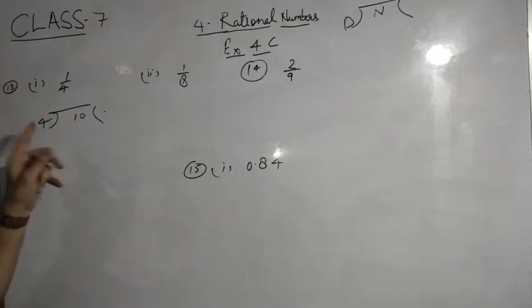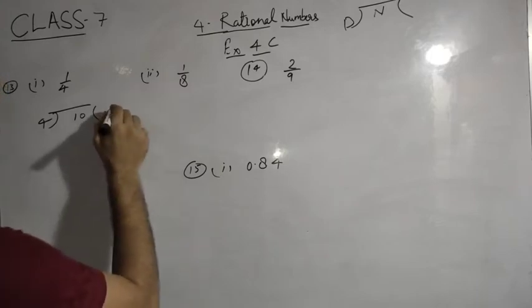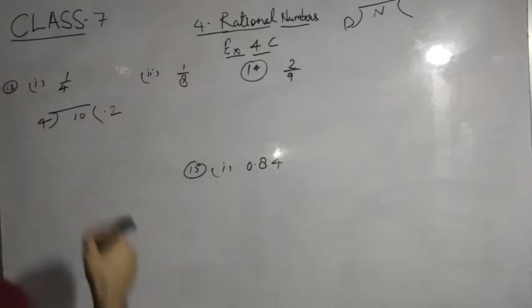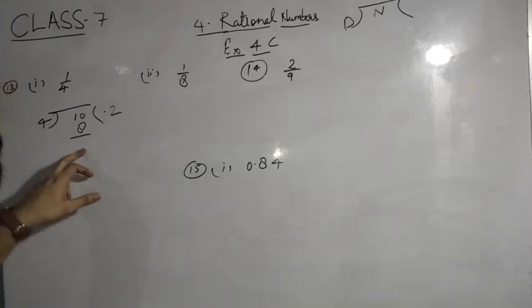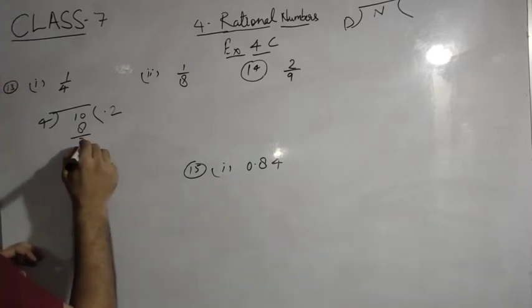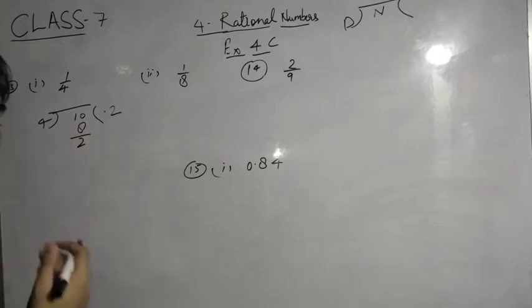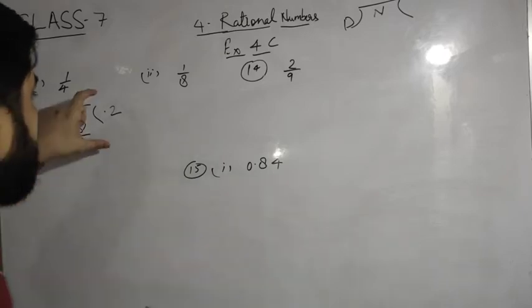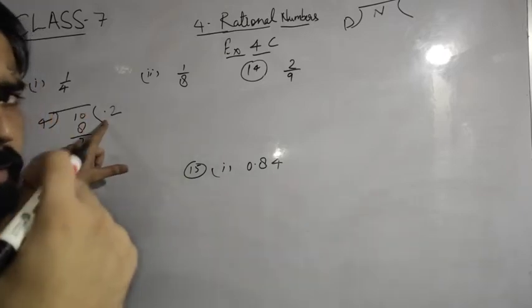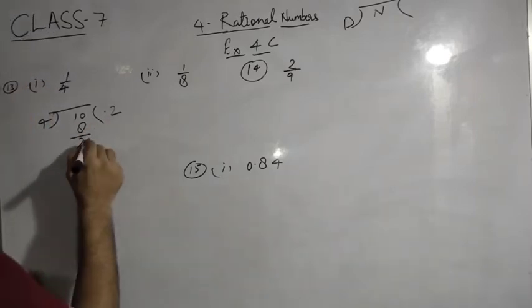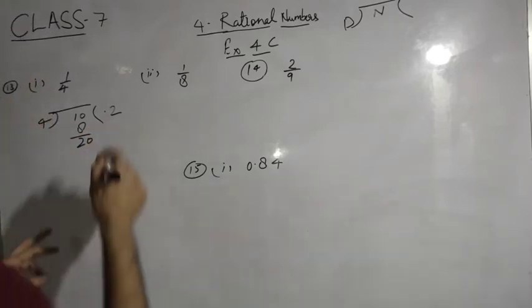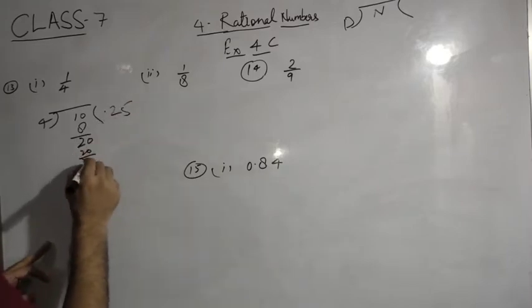Now we have 10, and we can divide: 4 2s are 8. Then 2 remains, and the decimal property: always give a 0 in each and every step where we need 0. Now 4 5s are 20.